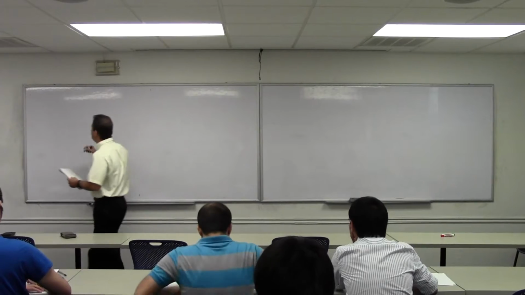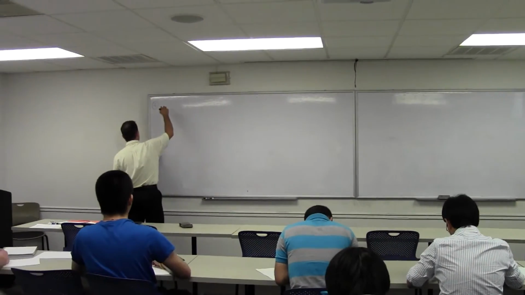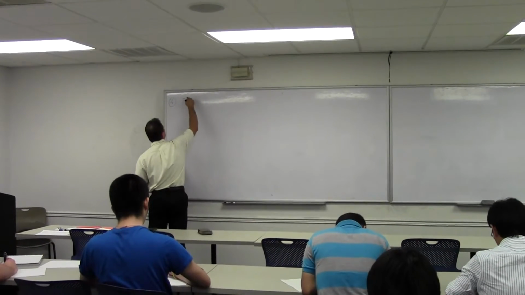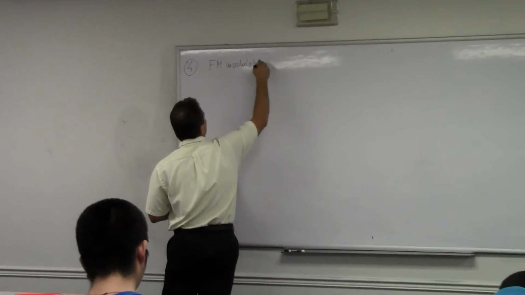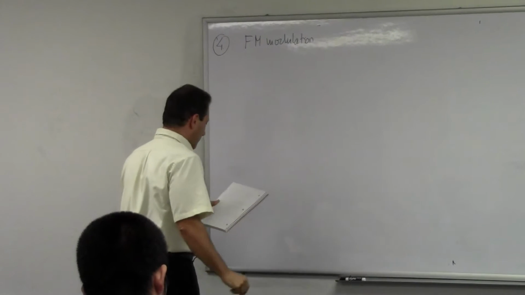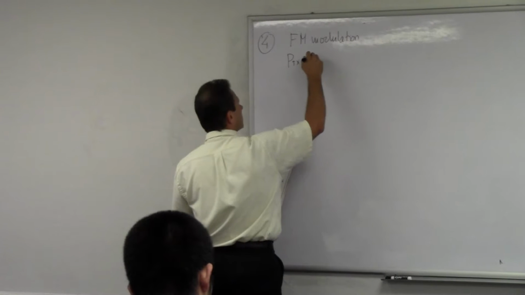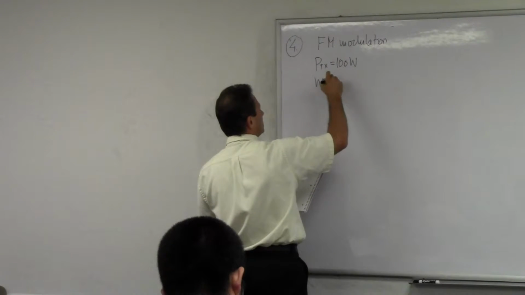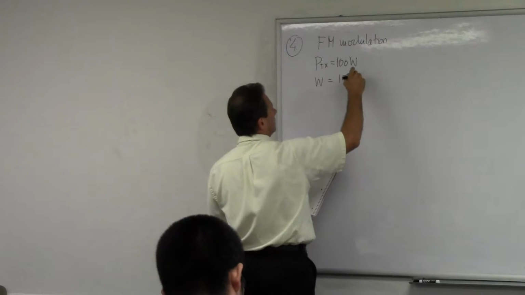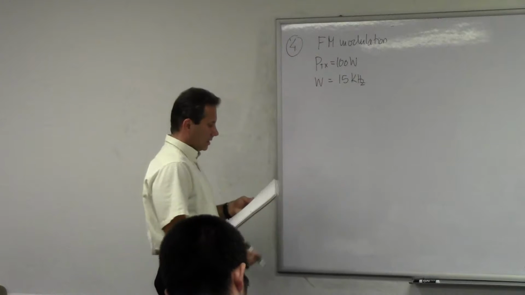It says, consider an analog system using FM modulation. The following parameters are known. The transmit power is 100 watts. W, which is the baseband bandwidth of the message signal, is 15 kilohertz.